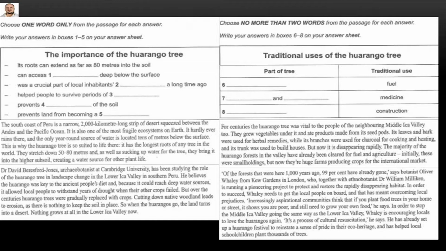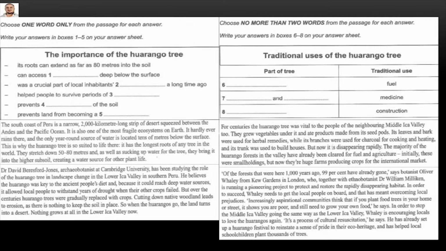He believes the Harango was key to ancient people's diet, and because it could reach deep water sources, it allowed local people to withstand years of drought when their other crops failed.